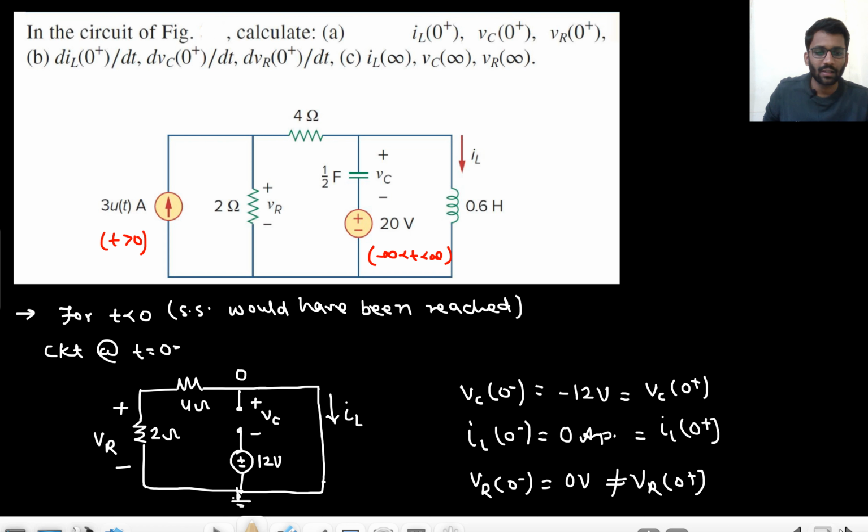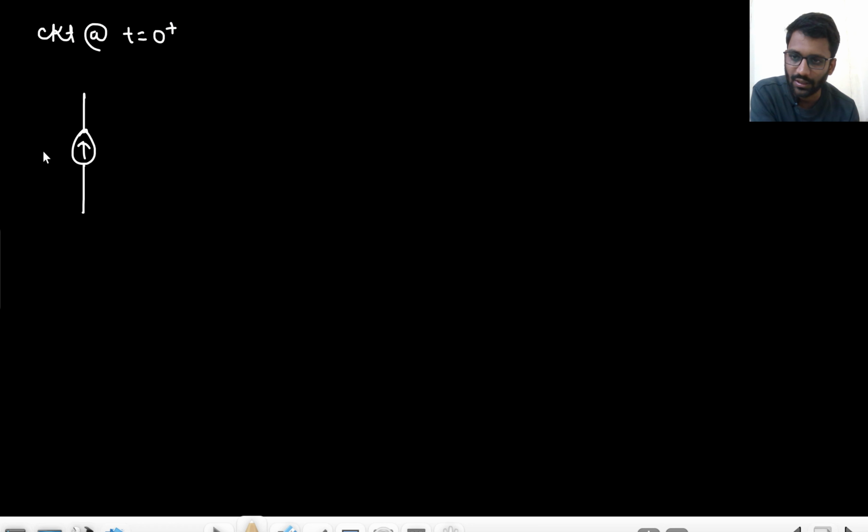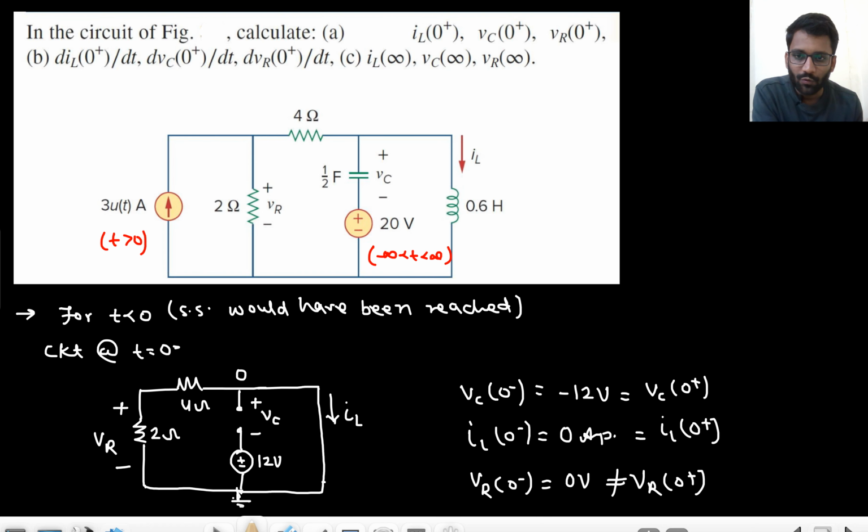Now we will make the circuit at t equals 0 plus. So this 3 ampere current source will be there. Well and good. 3 ampere current source is there. 2 ohm, 4 ohm.